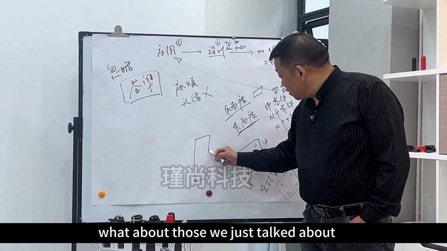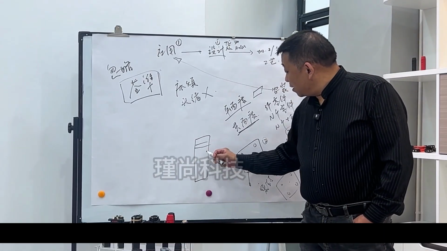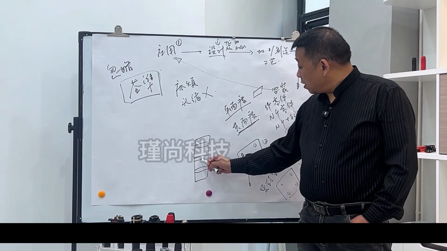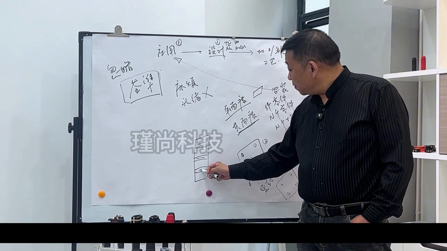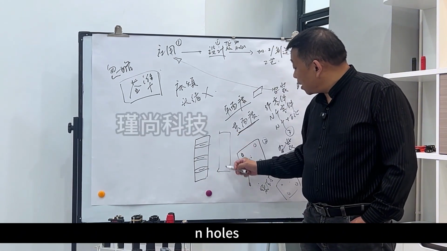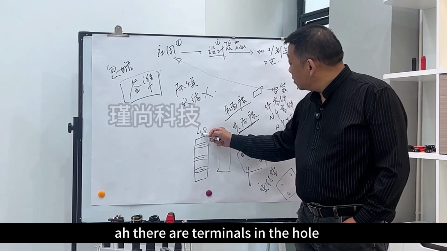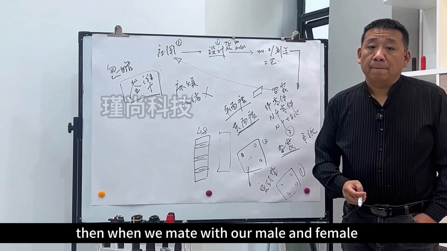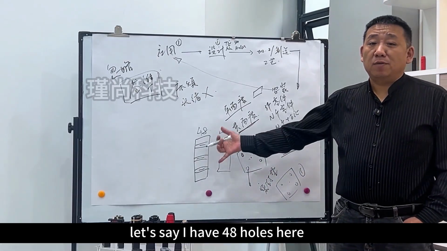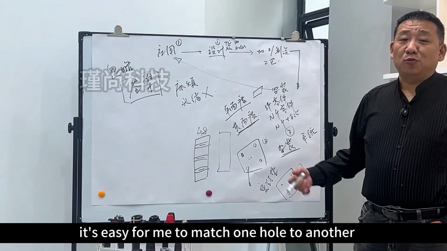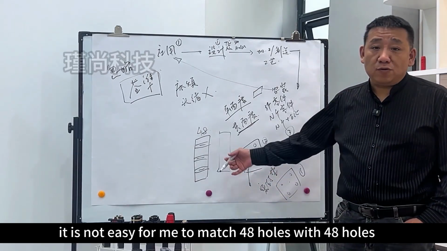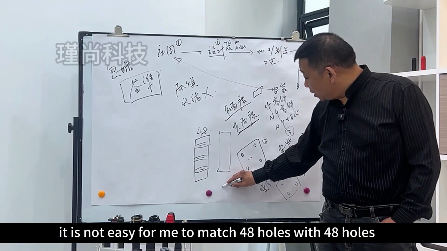What about those we just talked about? There are N holes, and there are terminals in the holes. When we mate our male and female, let's say I have 48 holes here. It's easy for me to match one hole to another, but it is not easy to match 48 holes with 48 holes.